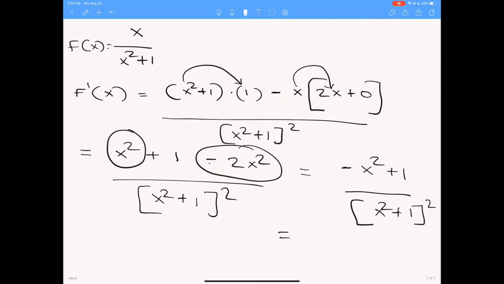So your final answer is negative x squared plus 1 divided by x squared plus 1 the whole square, which is the derivative of the original question. And that's it. That's a couple of problems we had using the quotient rule.